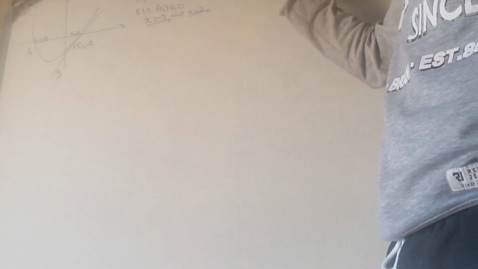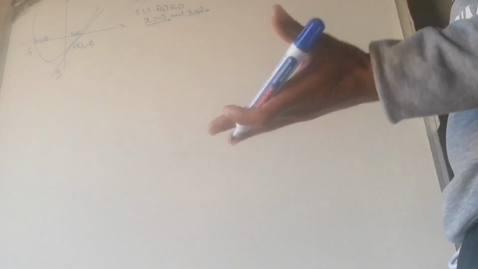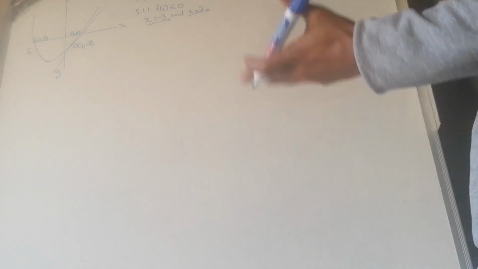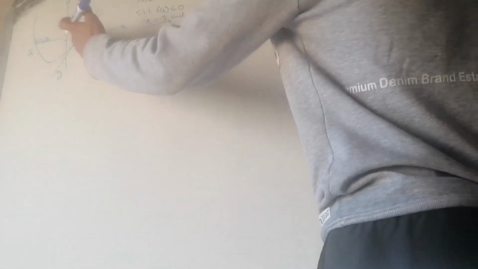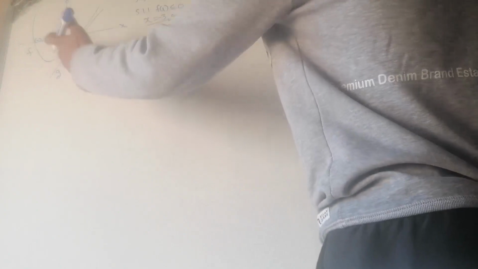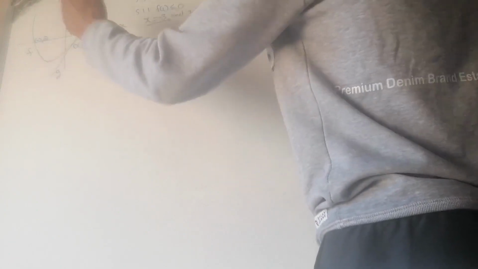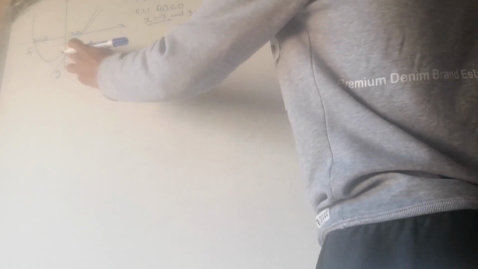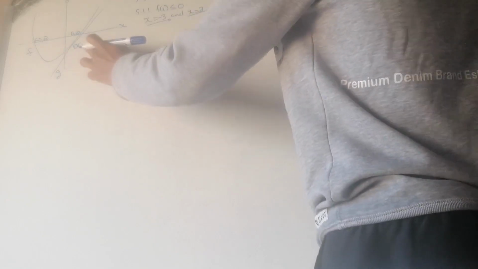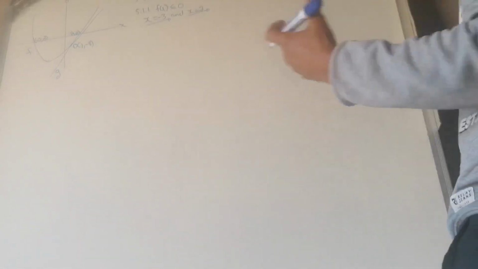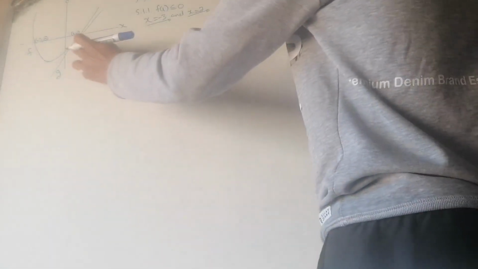f(x) is y. The values of x where y is less than or equal to 0, where y is negative or equal to 0. I know that y is negative on this side, when x is 1, y is -8. That is only the part where y is negative.